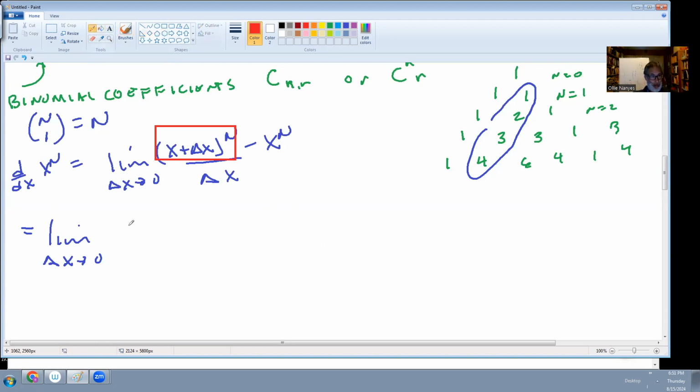This thing in red here will be x to the n plus, remember, n choose 1, x to the n minus 1 delta x, plus n choose 2, if we go as far as 2, x to the n minus 2 delta x squared. And this continues all the way down to n choose n minus 1. That's another n.